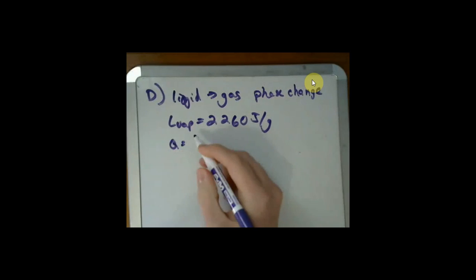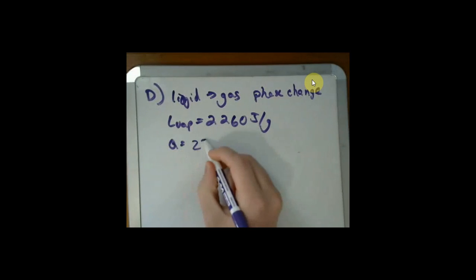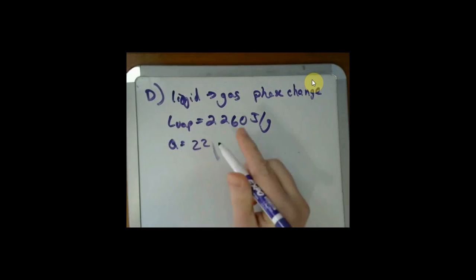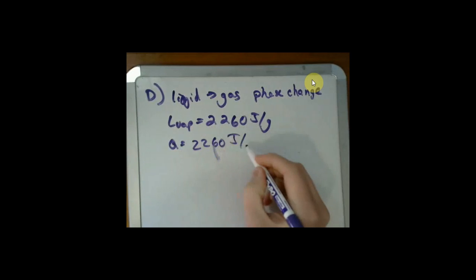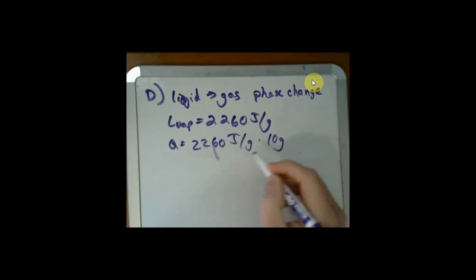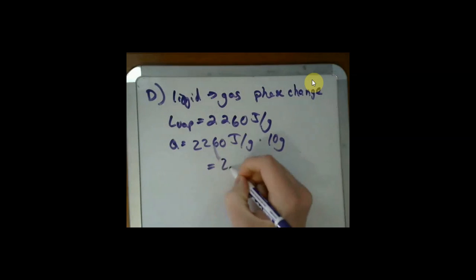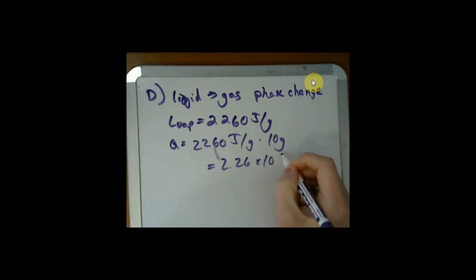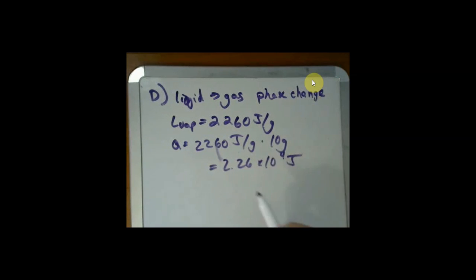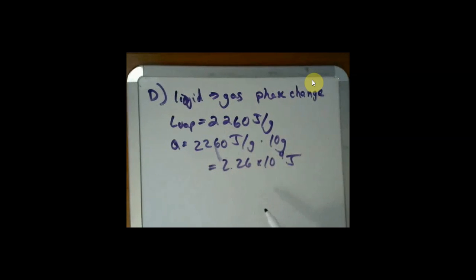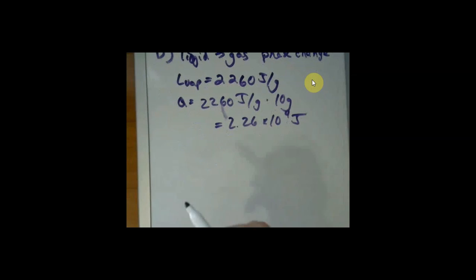Q is equal to 2,260 joules per gram, 10 grams. And if you look in your book, you should agree, it says in your book, 2.26 times 10 to the fourth joules. And if you did that math, put into scientific notation, you should agree with that also.